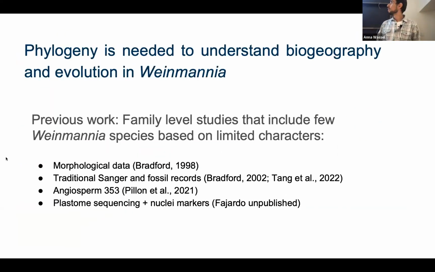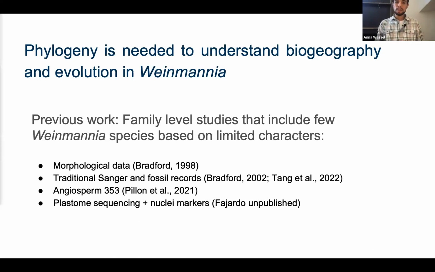So now, to test all of this, to understand more the biogeography and evolution of Weizmannia, we need a phylogeny first. And very little is known about the phylogenetic relationships in this group. Previous work was mostly conducted at family level, including very few species of Weizmannia and based on a limited number of characters.